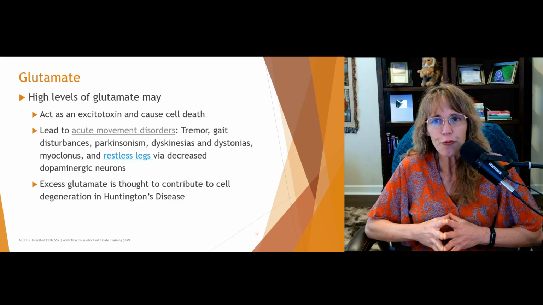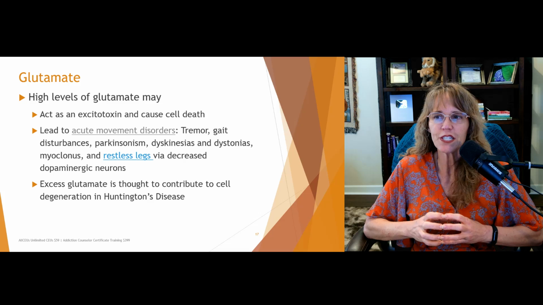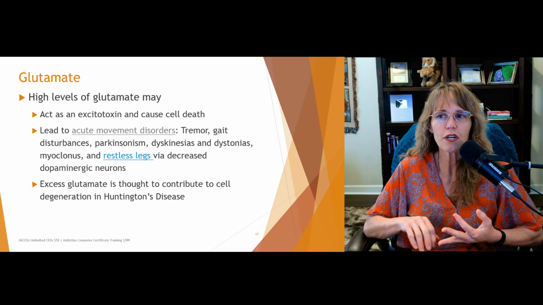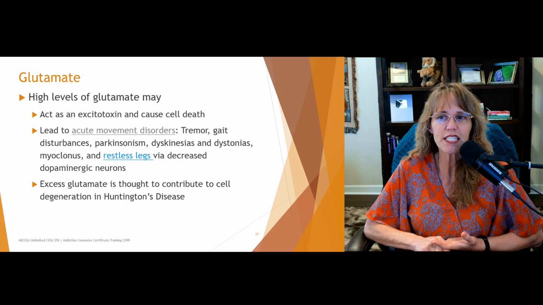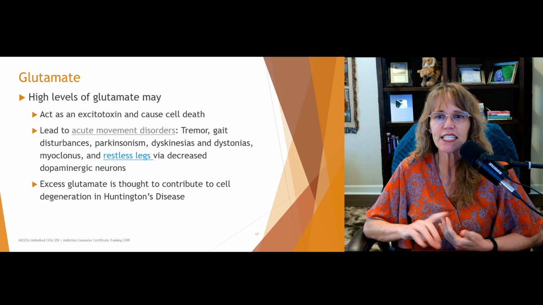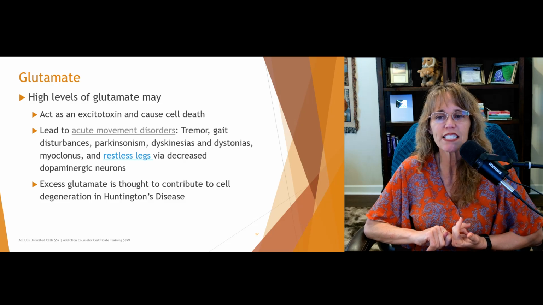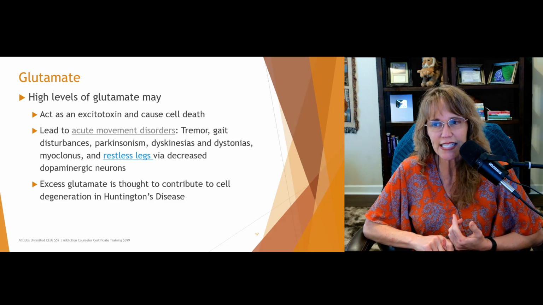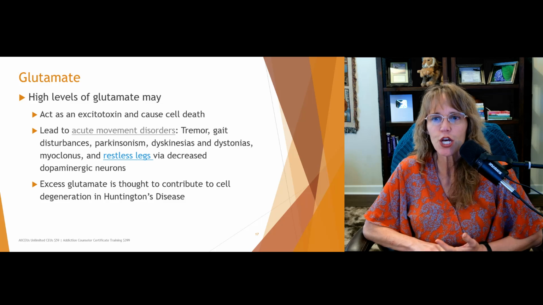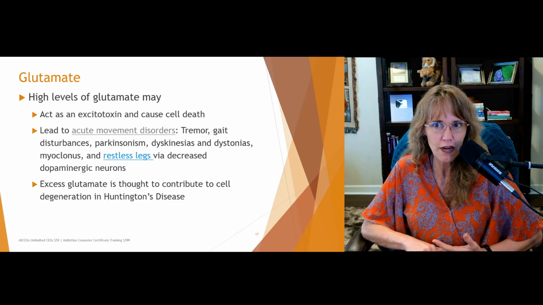High levels of glutamate can lead to acute movement disorders, including tremor and gait disturbances, Parkinsonism, dyskinesias, dystonias, myoclonus, and restless legs via decreased dopaminergic neurons.